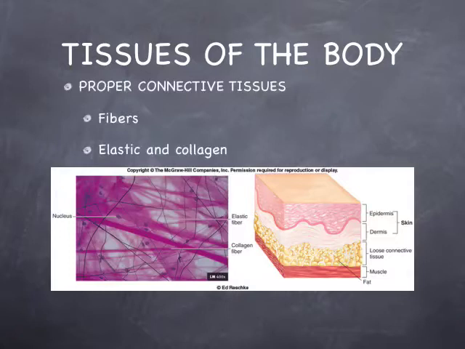The picture that you see here is a loose weave of fibers, and basically you want to think there are two different types of fibers that the human body produces. It produces some that are called elastic, and in the picture that we have here, the dark, very thin, wiry fibers are elastic. If we could look at them under a higher microscope, they would look like little springs, so that they can stretch. They're elastic.